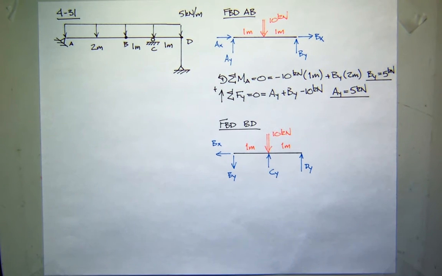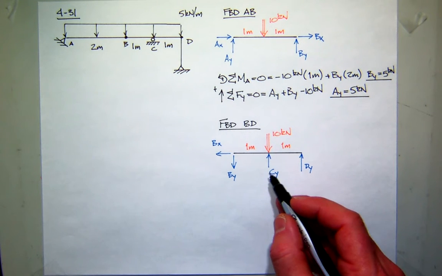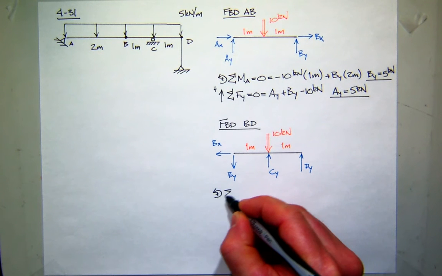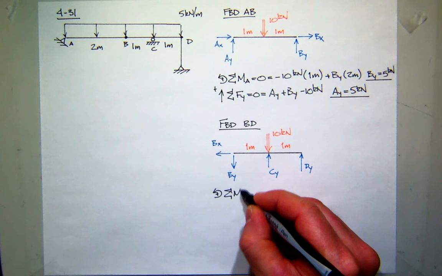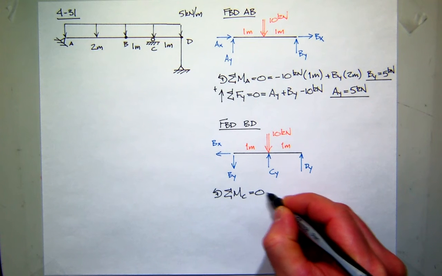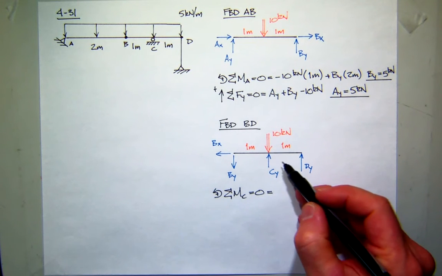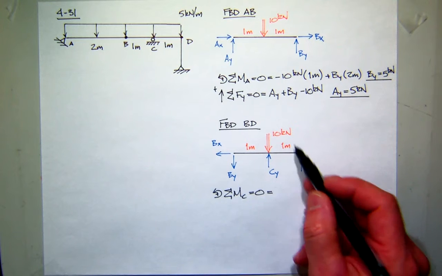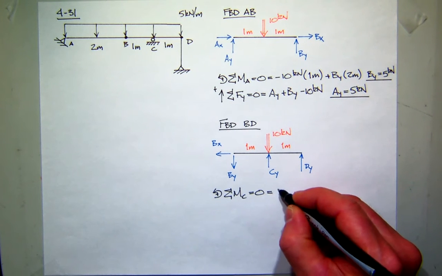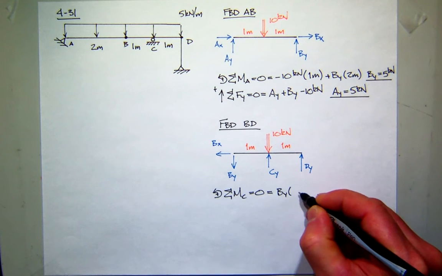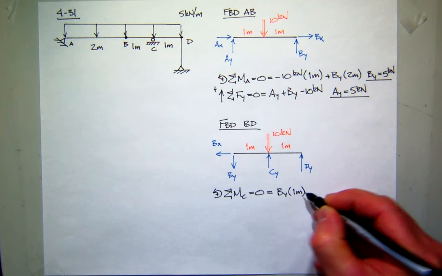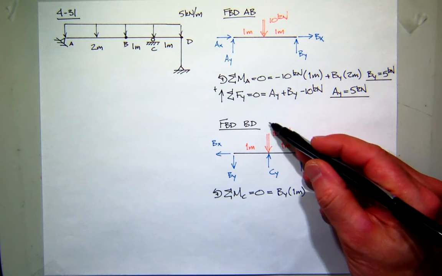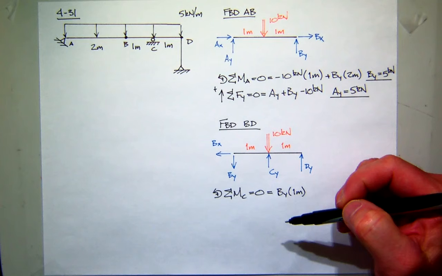So I think what I'll do first is I'll sum moments about either C or D. And just because C comes first in the alphabet, I'll sum moments about C. So when I sum moments about C, I have BY. That's creating positive moment. So that would be BY times 1 meter. The distributed load, the concentrated equivalent of that, passes right through C, creates no moment.